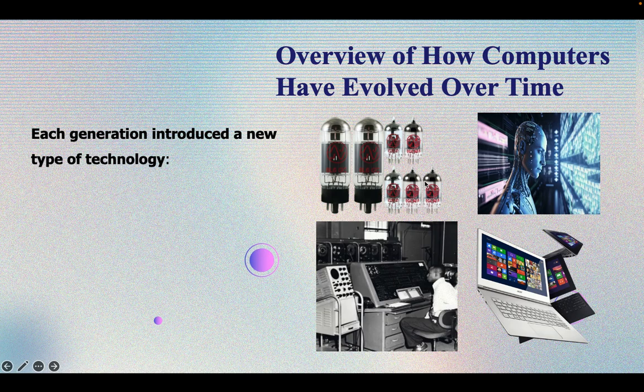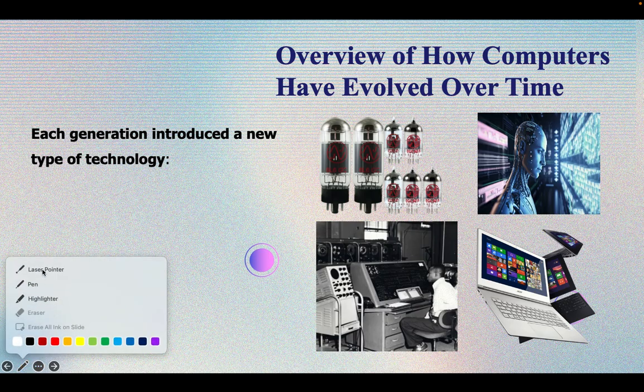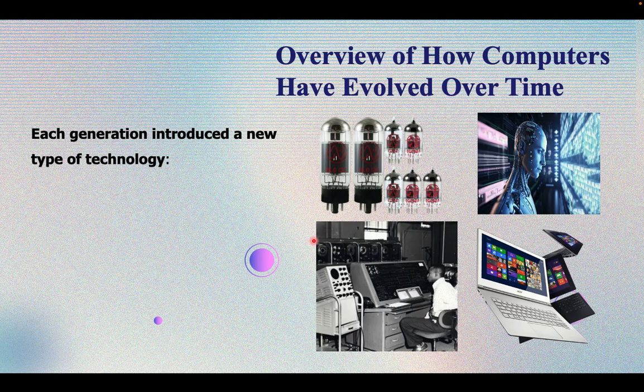When they were using vacuum tubes, computers were very big, as big as this. And now we have portable devices such as laptops, tablets, and mobile devices like our smartphones.